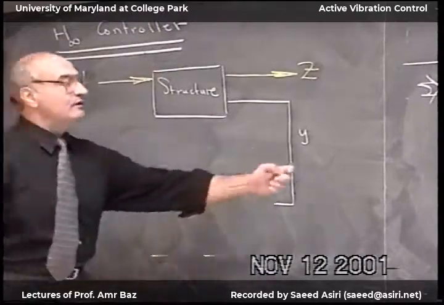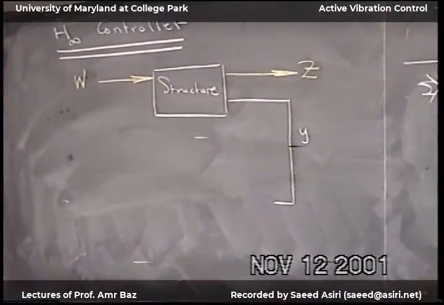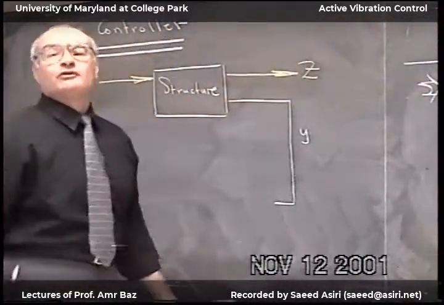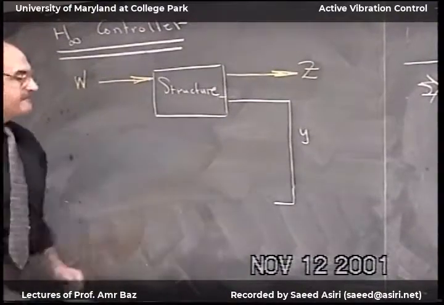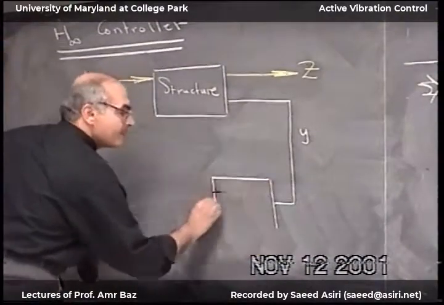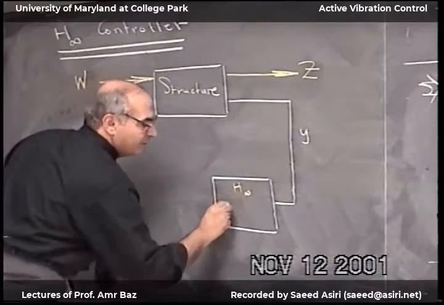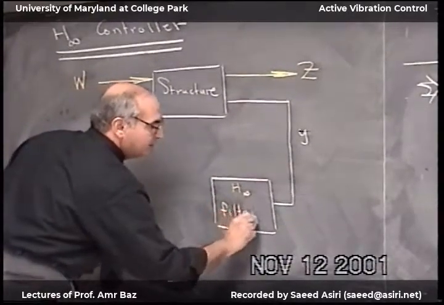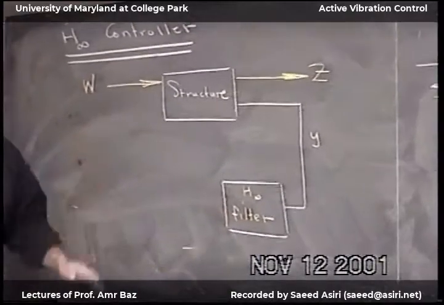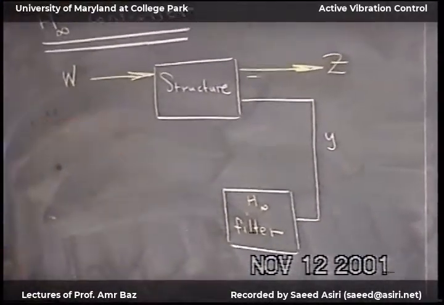So now we have the two main components of the H infinity controller. I take the y, put it in the H infinity filter, which is Kalman filter, with the gain this much.